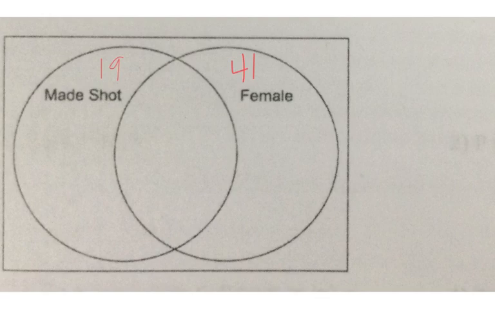Now I would start by finding where they overlap. What does this part where both circles are represent? Females that made a shot. These are all the females who also made a shot. So I would start by finding that number. There are 6 females who made the shot. So this number is 6.